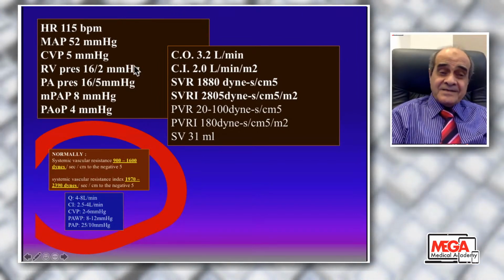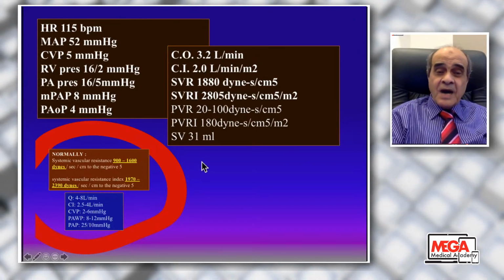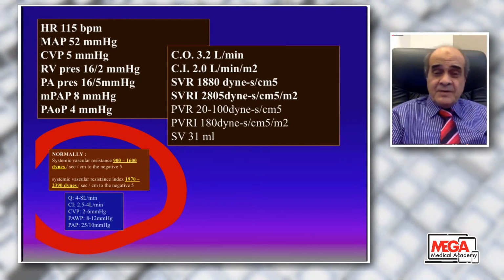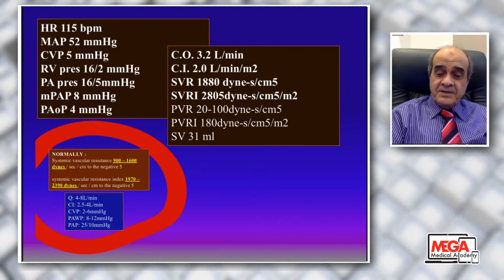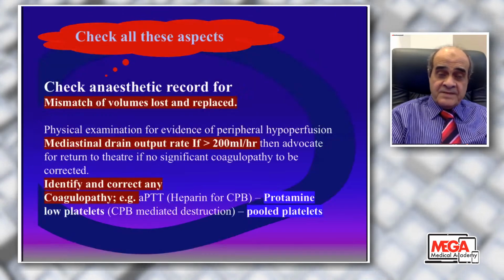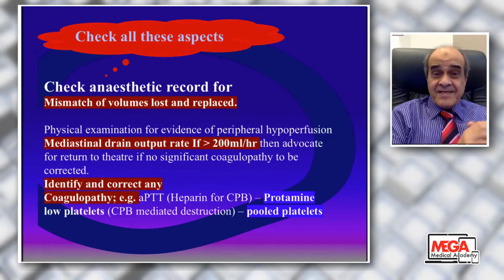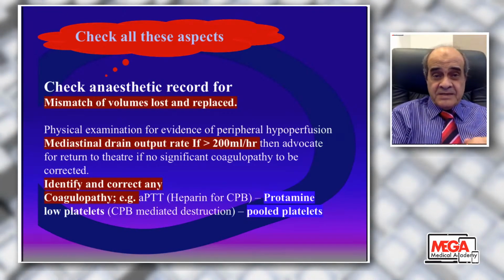This is a characteristic scenario for patients suffering from hypovolemia, and this patient, coming from theater, is mostly suffering from some bleeding, or maybe did not take adequate fluid for replacement. So you have to check all these aspects. Check the anesthetic record for mismatch of volume lost and the replaced one.